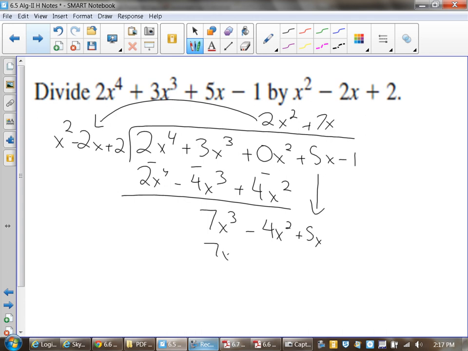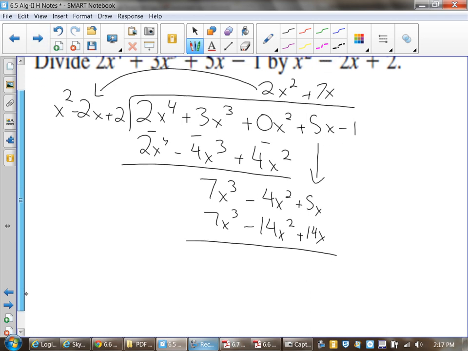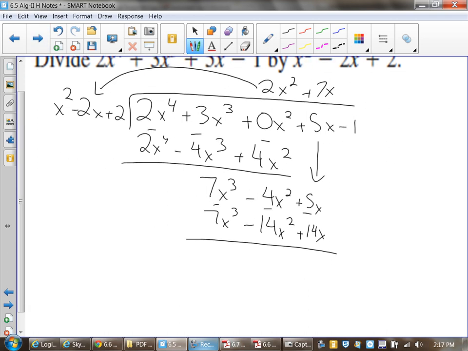Distribute across again, then subtract. The 7x cubed terms drop out. Hopefully they do; if they don't, you did something wrong. Negative 4 minus negative 14. And then 5 minus 14 is negative 9. And then bring down the negative.